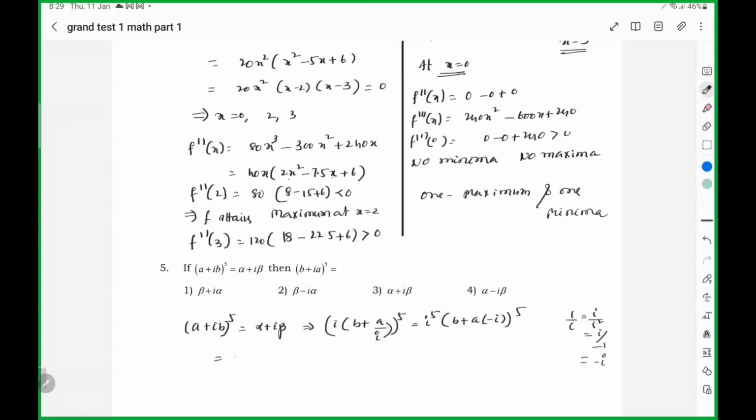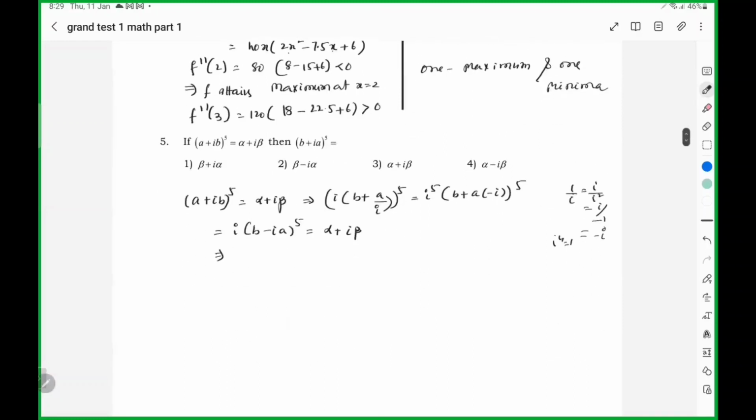So i power 4 is 1, b minus ia whole power 5, which is alpha plus i beta, b minus ia whole power 5, beta plus 1 by i alpha. 1 by i is minus i.